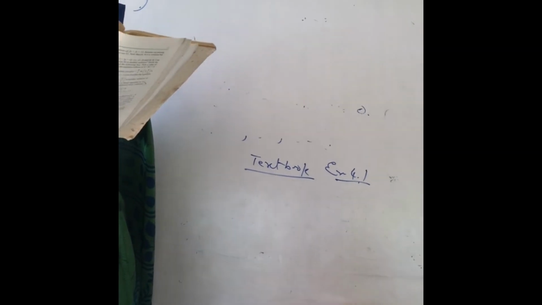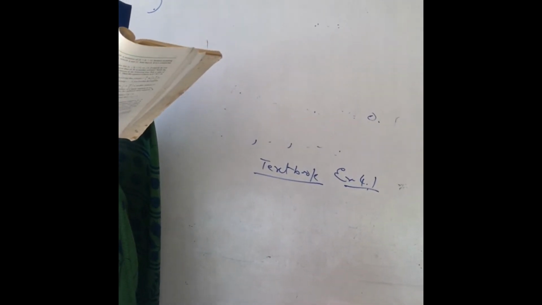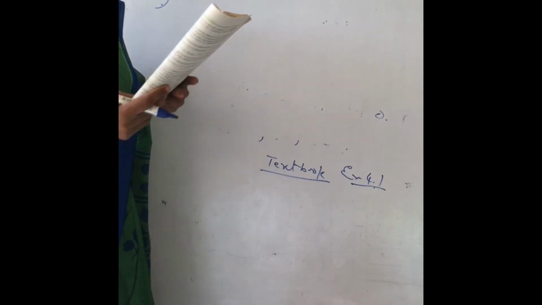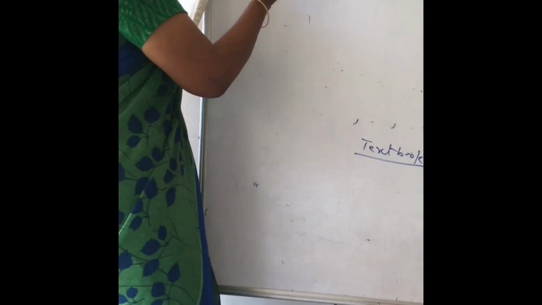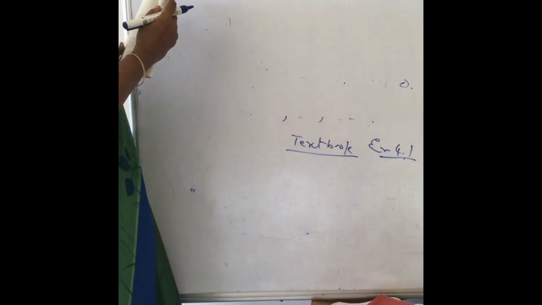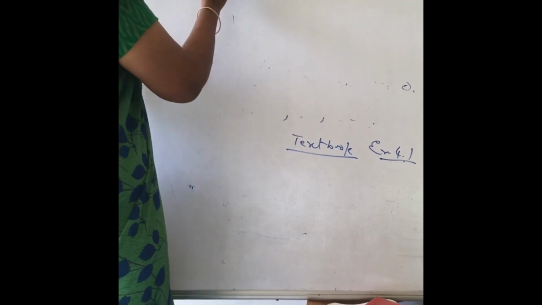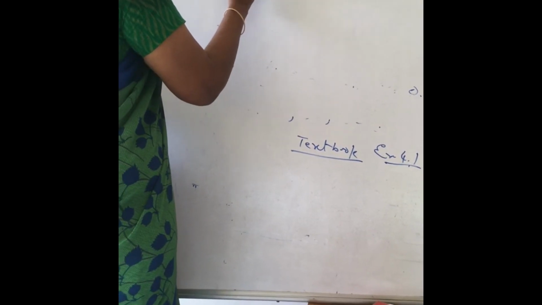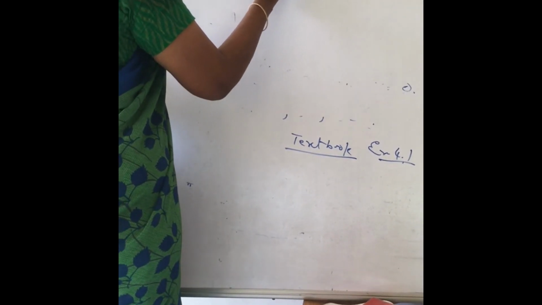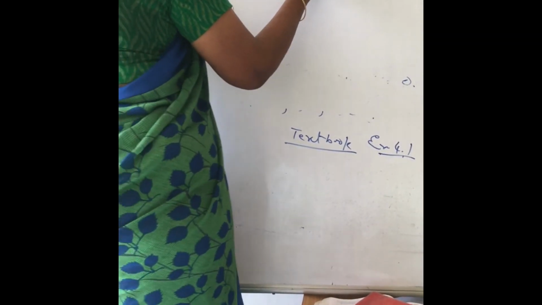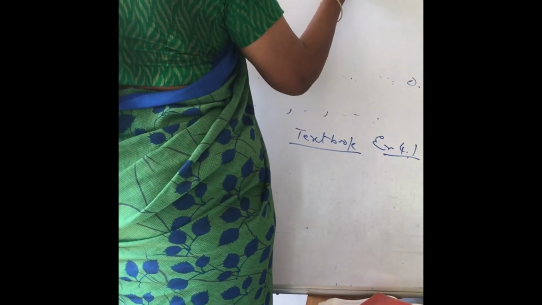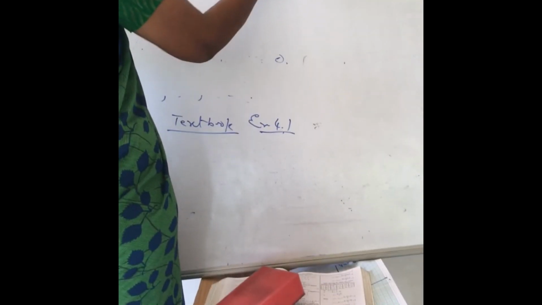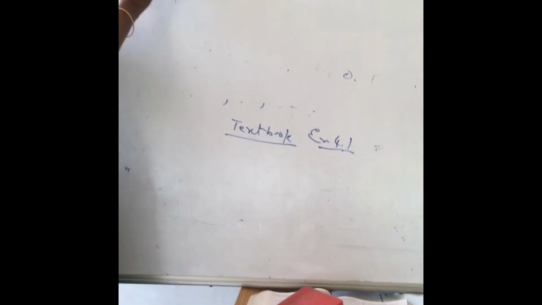Take the notebook cost as x, and that of the pen as y. So what is the cost of one? Write the problem. The cost of a notebook is rupees x. A notebook means how many notebooks? One notebook. The cost of one notebook is equal to rupees x.